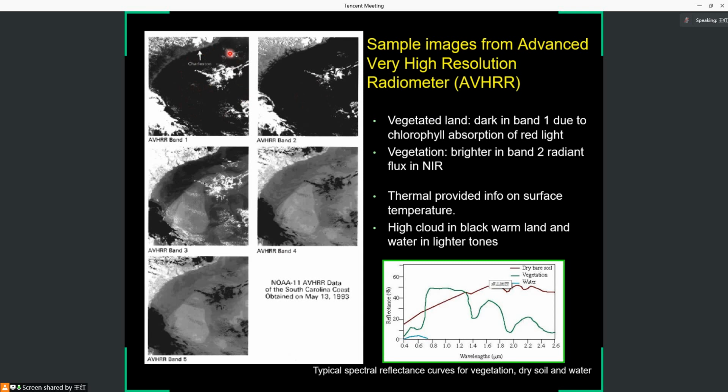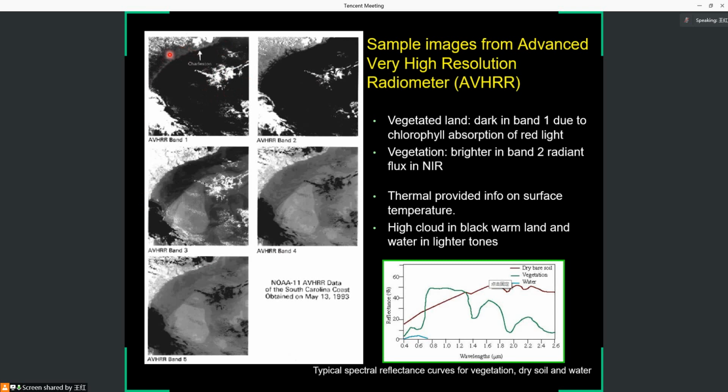The black one here is the water, and this is maybe the wetland, and this is maybe some land on the water, and here maybe some wetland vegetation.